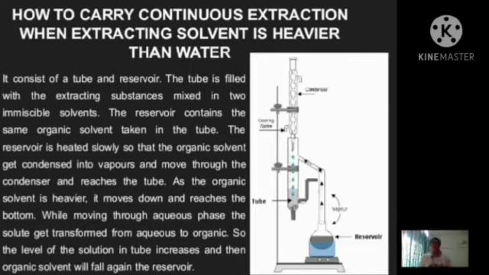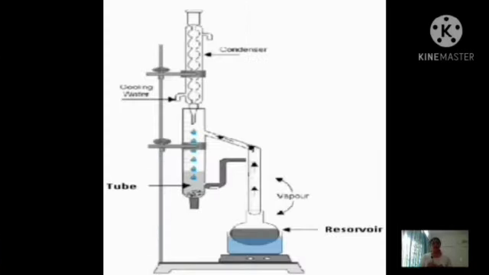As the extracting solvent, or the organic solvent, is heavier than water, once it reaches inside the tube, it will come down. While moving down, all the solute from the aqueous layer gets transferred to the organic layer, so the level of the solution inside the tube increases, and then the organic layer falls into the reservoir.